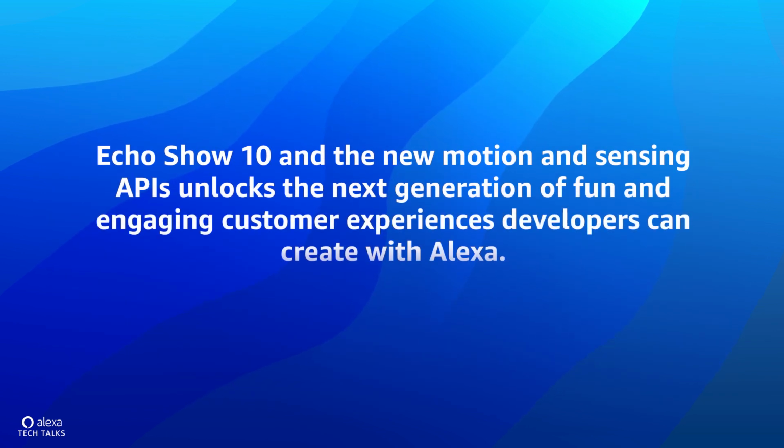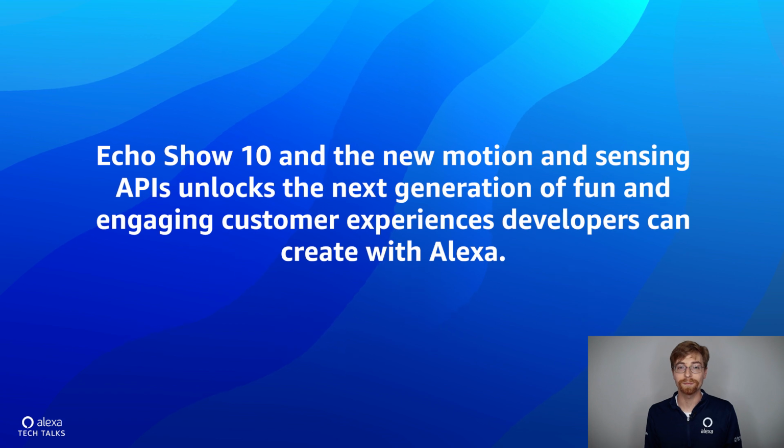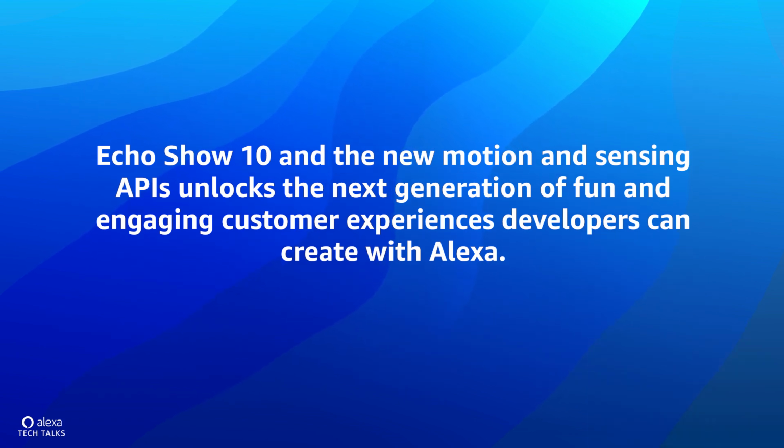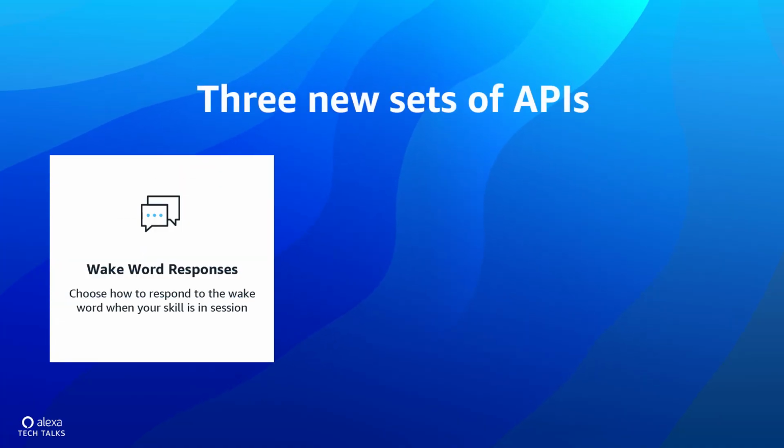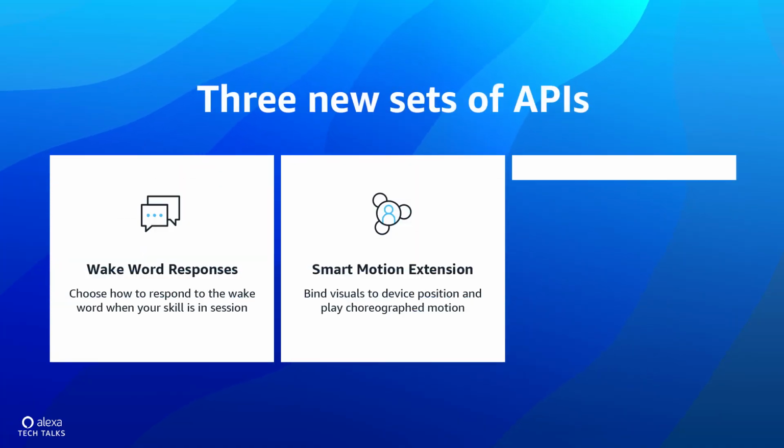The Echo Show 10 and the new motion and sensing APIs unlock the next generation of fun and engaging customer experiences that developers can create with Alexa. By combining the Alexa voice recognition that you know and love already with these new APIs, available in both APL and the web API for games, you can make some truly novel experiences. When I'm talking about the new APIs, I really mean these new sets.